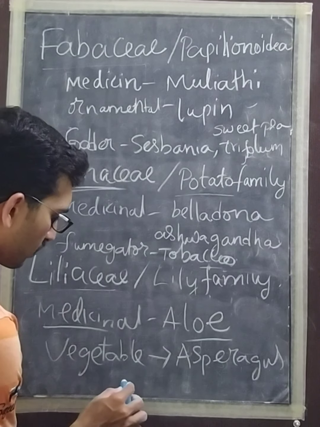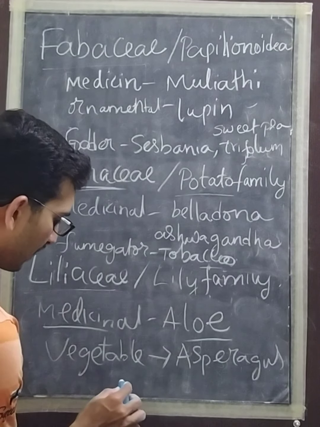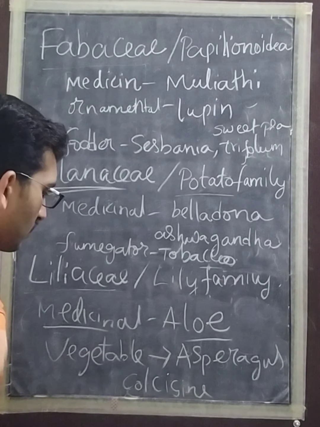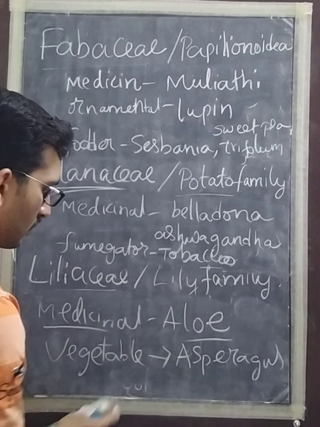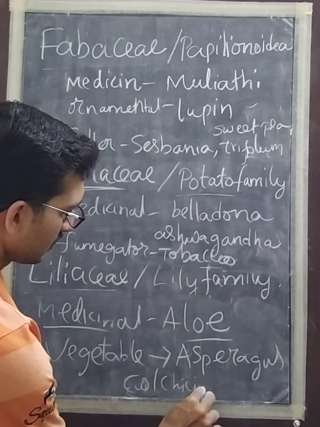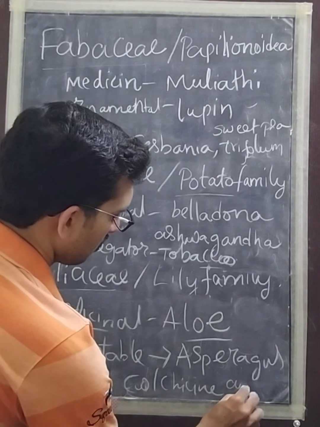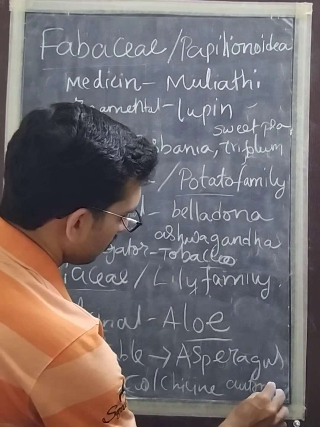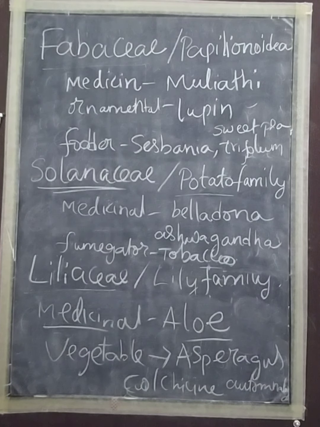Colchicum autumnale is one of the plants of this family.